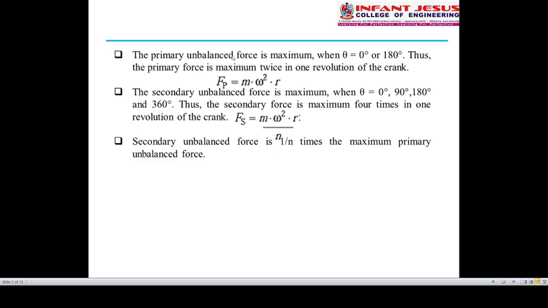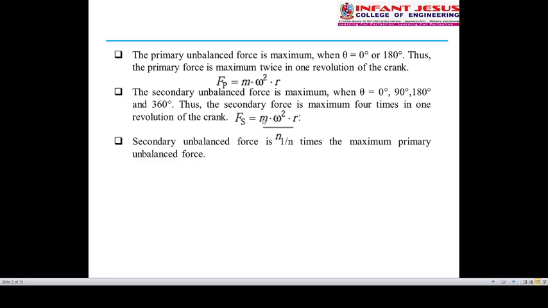So the primary unbalanced force is maximum when the crank is at 0 and 180 degrees, that is, twice in one 360-degree revolution of the crank. The secondary unbalanced force is maximum when theta is 0, 90, 180 and 360 degrees. So the secondary force is maximum four times in a revolution.